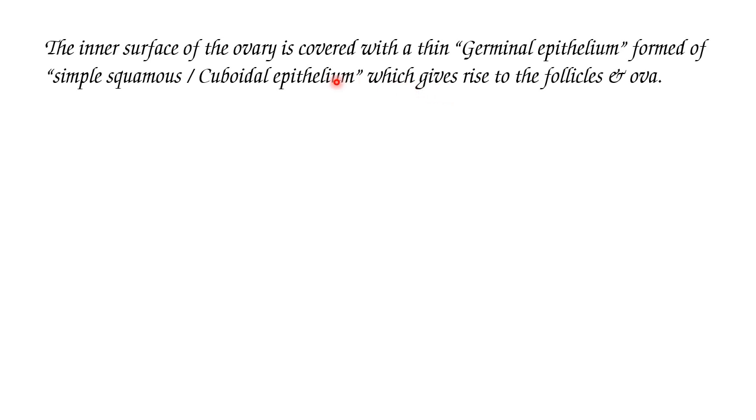So here the ovary is lined with germinal epithelium. This germinal epithelium is made up of a simple squamous or cuboidal epithelium. So this germinal epithelium helps give rise to the follicles and ova.